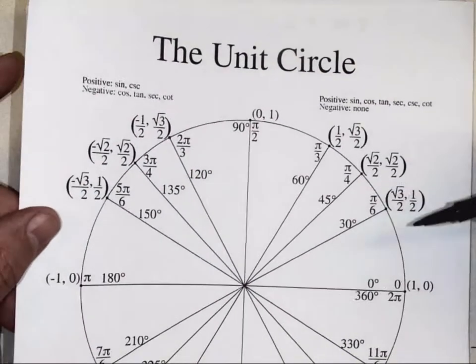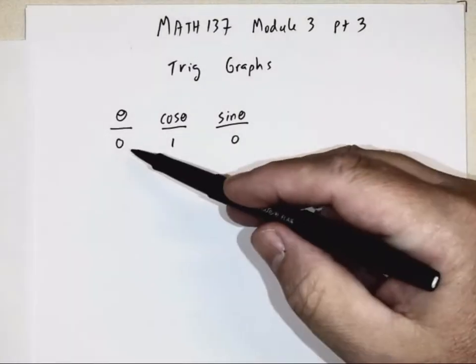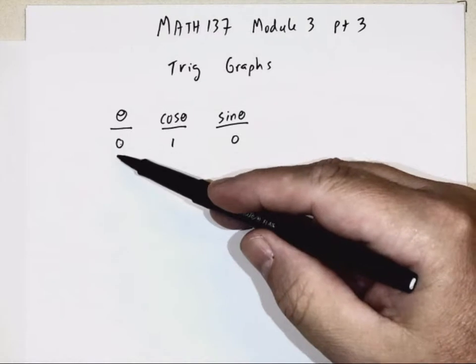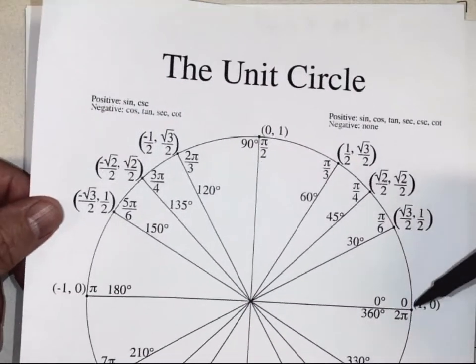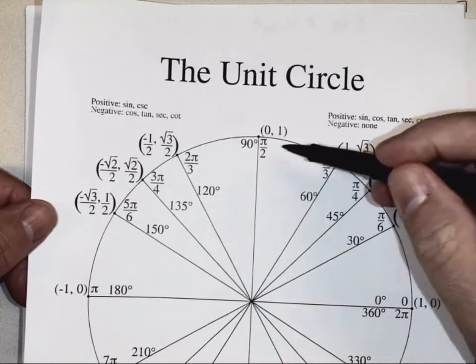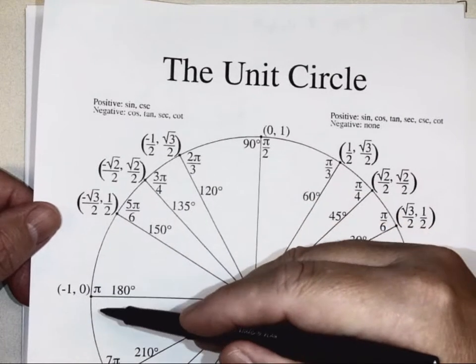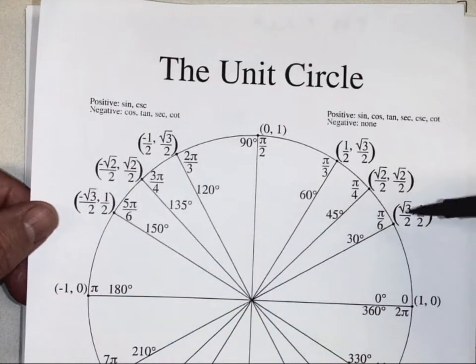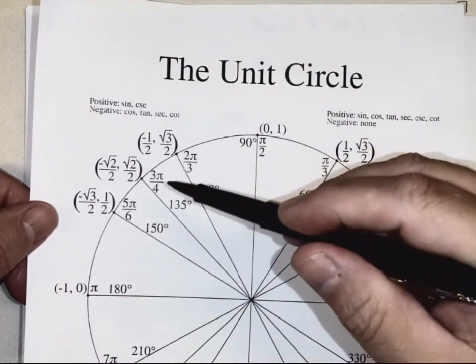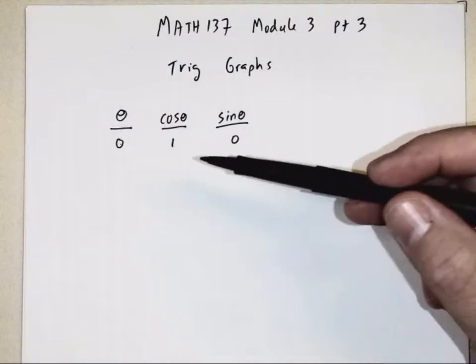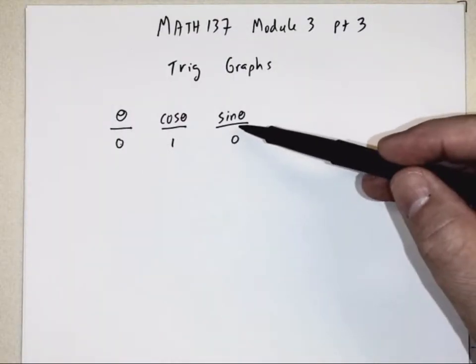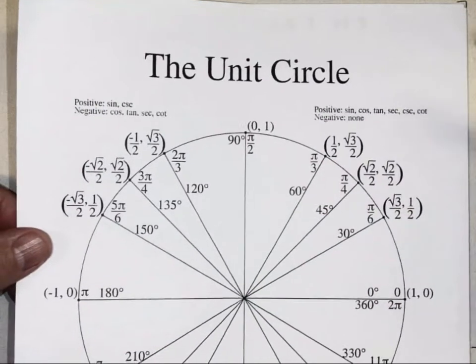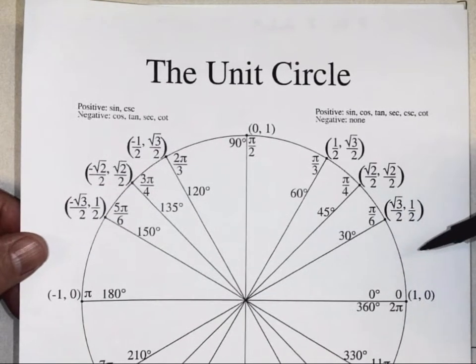And what I'm going to do is start putting in different angles. I'm going to eventually move around this unit circle. I'm just going to put in some different angles and then write down the cosine and sine. Now, I'm not going to choose every angle. Matter of fact, I'm going to keep it really simple.